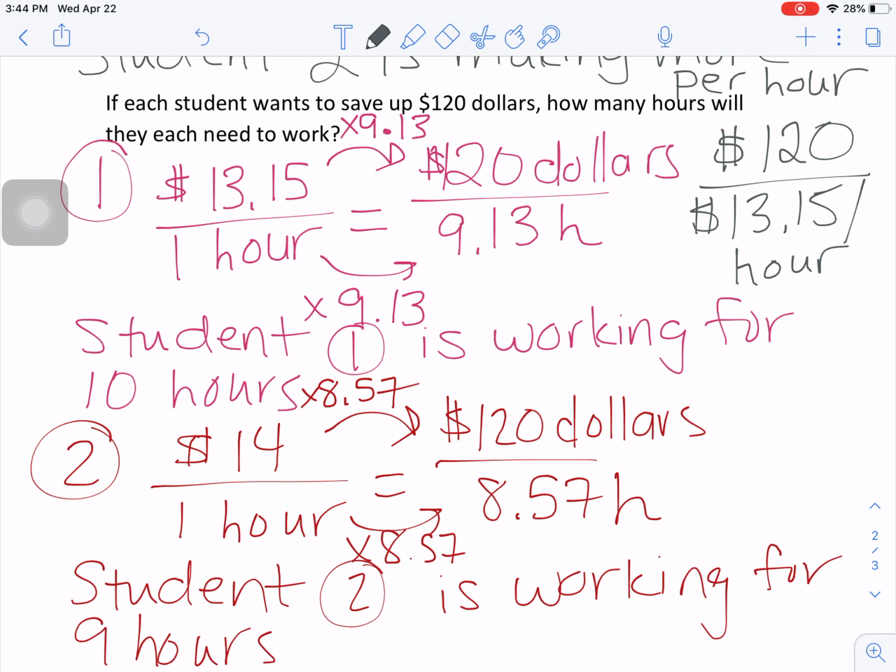And for student 2, if we take $120 and divide it by $14 per hour, 120 divided by 14 gives us the 8.57 hours.